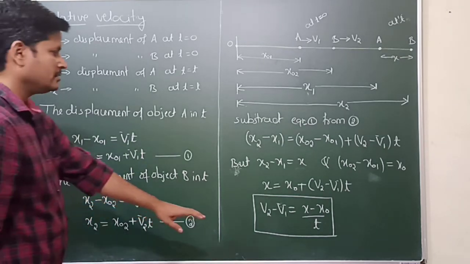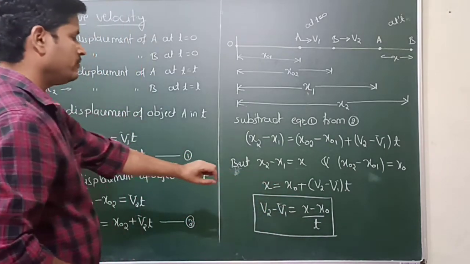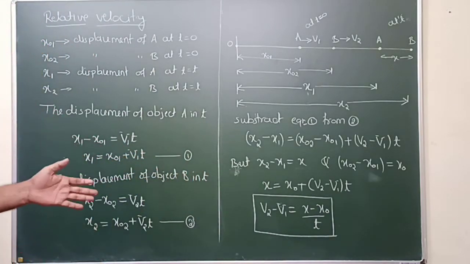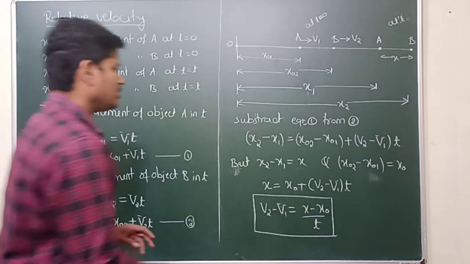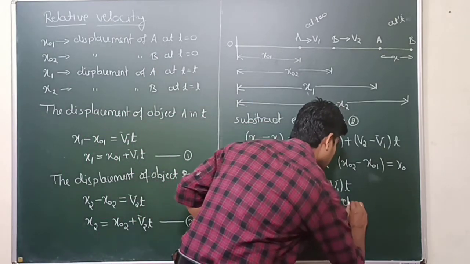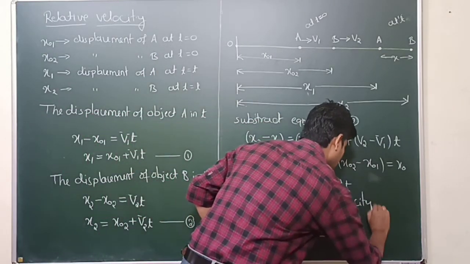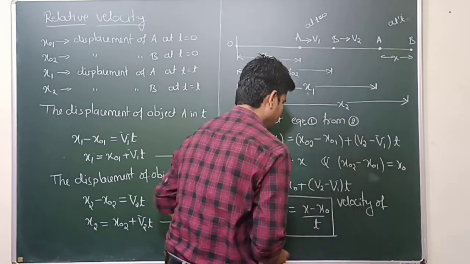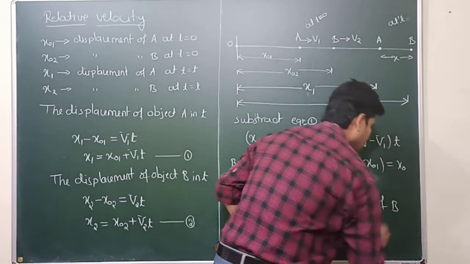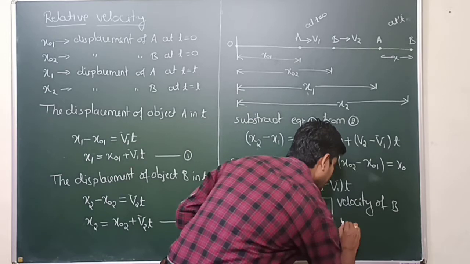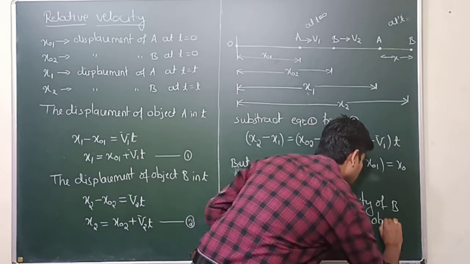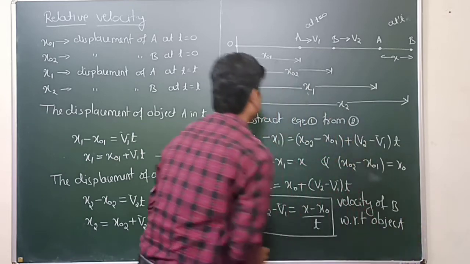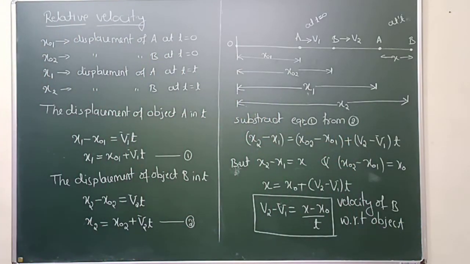This equation simply represents the velocity of one object with respect to another object, or just the velocity of object B with respect to object A. Correct?